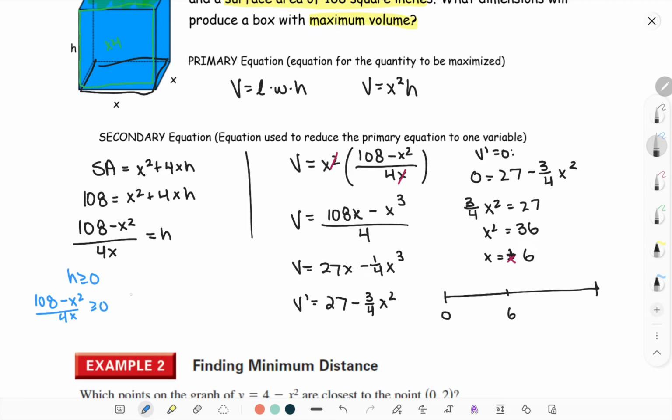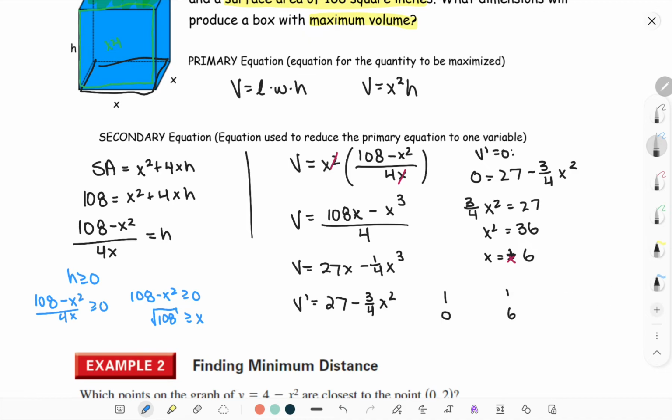It kind of just disappears. So 108 minus x squared is greater than or equal to 0. X is going to be less than the square root of 108. Technically plus or minus, but because I'm talking about where it's greater than 0, I'm looking at the positive case. So x is less than the root of 108. That's going to be my other endpoint for values that are possible for x.